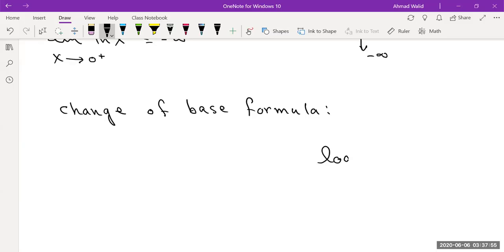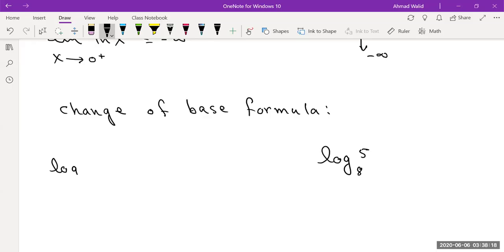For example, if I ask you what is log of 5 base 8, if you search this log in your calculator, it cannot give you an answer. How to find an approximation for such a logarithm? We have a formula for that.